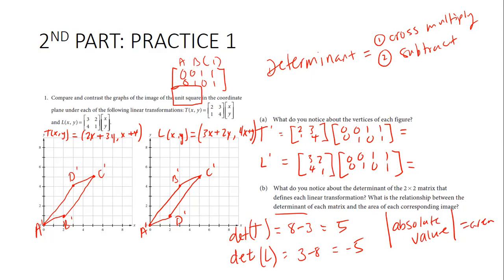Does that make sense? Because can you have negative area? No, but that's how we find our area, right? Absolute value, area? Determinant. I didn't write the word determinant there, though. So your area equals the absolute value of the determinant being multiplied, okay?